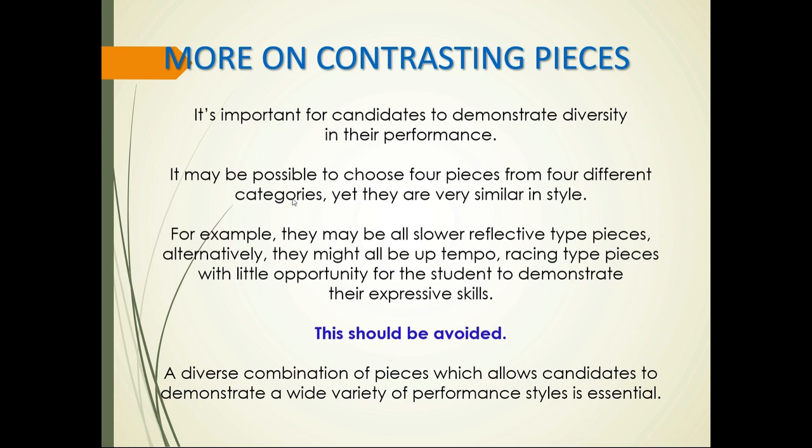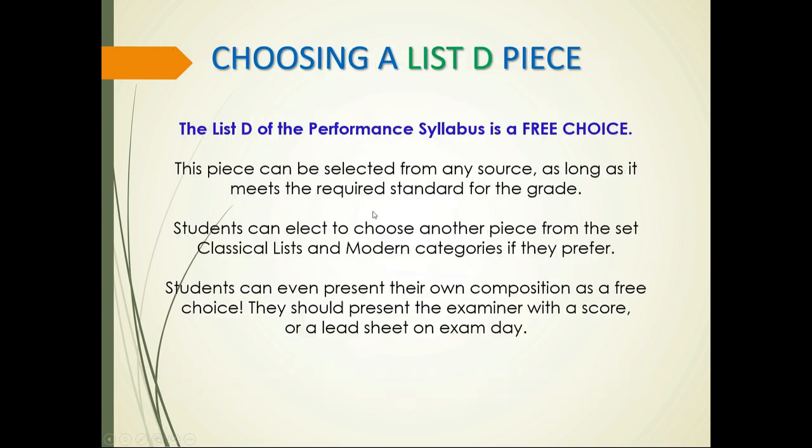Alternatively, they might be up-tempo, racing type pieces with little opportunity for the student to demonstrate their expressive skills. This should be avoided. A diverse combination of pieces which allows candidates to demonstrate a wide variety of performance styles is essential. So keep that in mind when choosing the program.